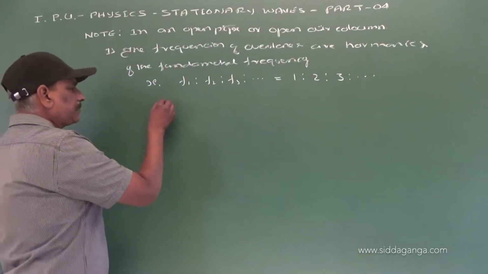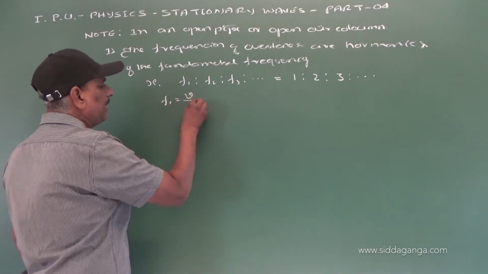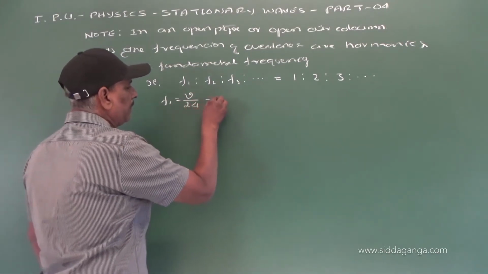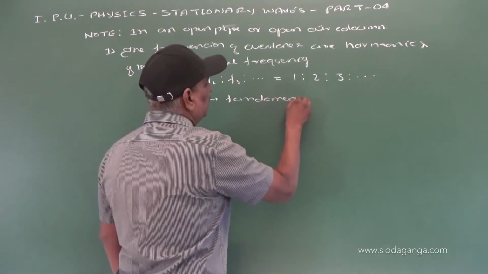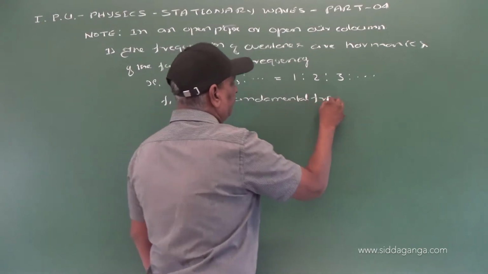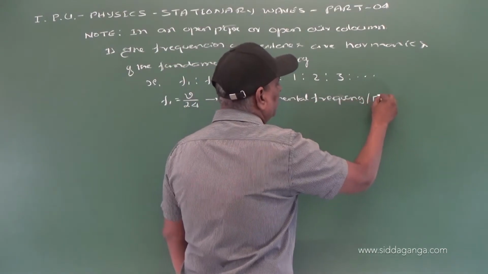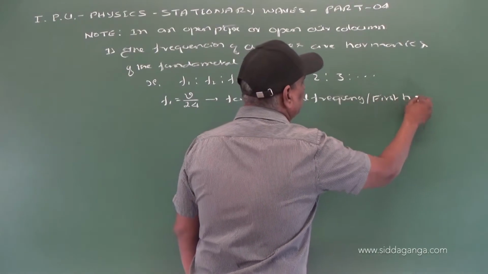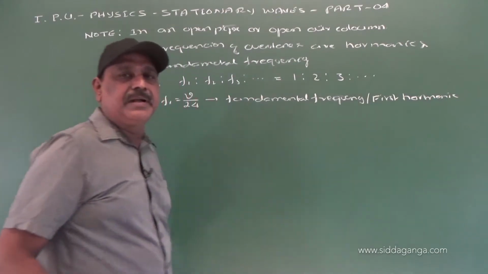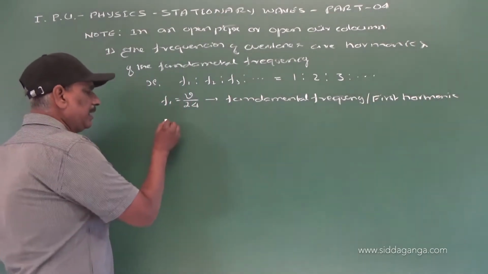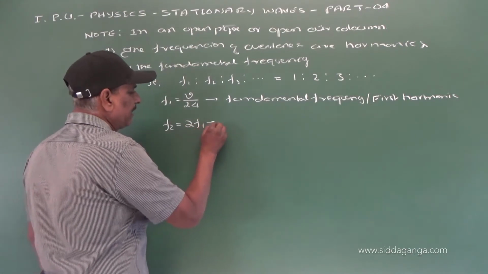That means here F1 is equal to V by 2L, called the fundamental frequency, or it is also called the first harmonic. Now F2 is equal to 2 times F1.